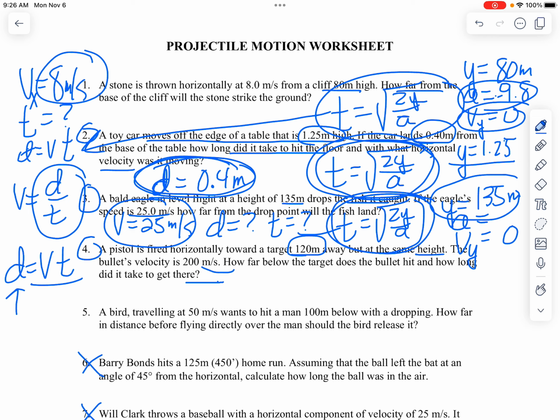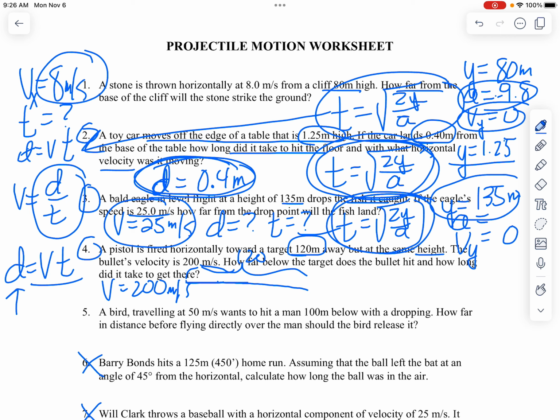So the distance here is 120. But of course, the bullet is going to drop. The bullet's velocity is 200 meters per second. How far below the target does the bullet hit and how long did it take to get there?